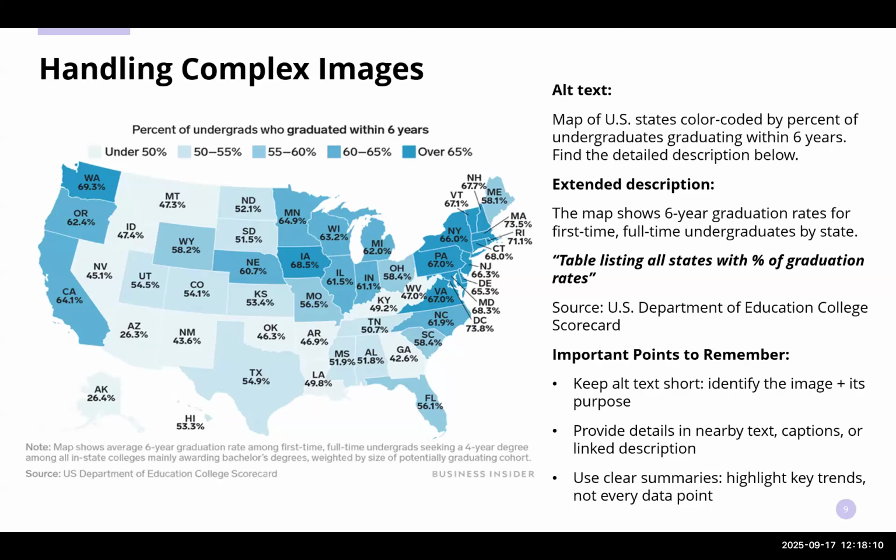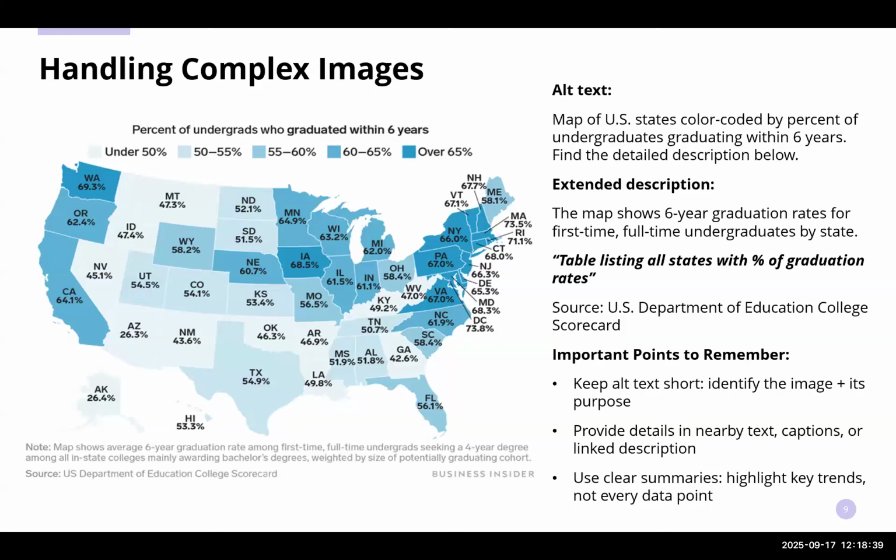For our example, something like: map of US states color-coded by percent of undergraduates graduating within 6 years. Find detailed description below. This gives clear information about what the image is about without getting into every single detail, and also tells where they can find more information if they want to deep dive into it.